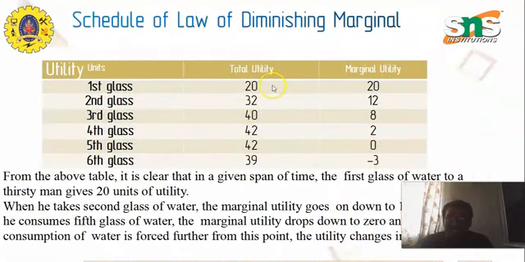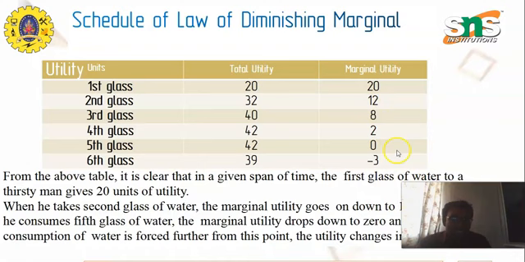For the first glass, total utility is, for example, 20, and marginal utility is 20. If he consumes the second glass, total utility will be 32 and marginal utility is 12. For the third glass, 42 and 10; fourth glass, 42 and 0.